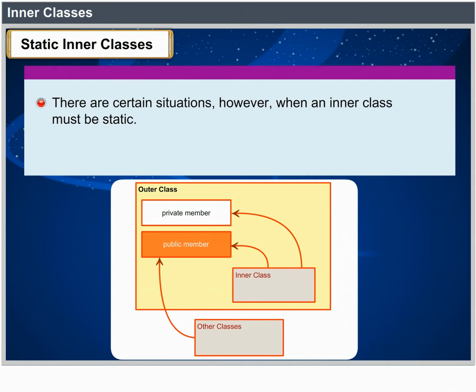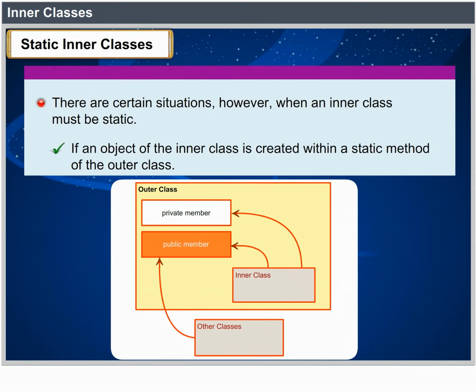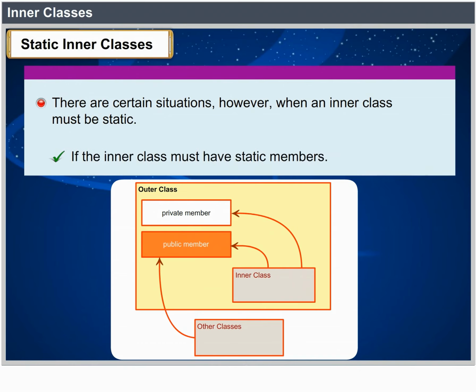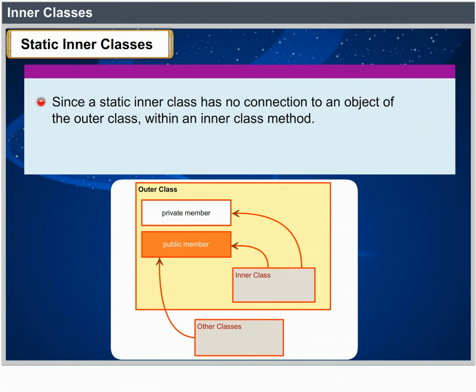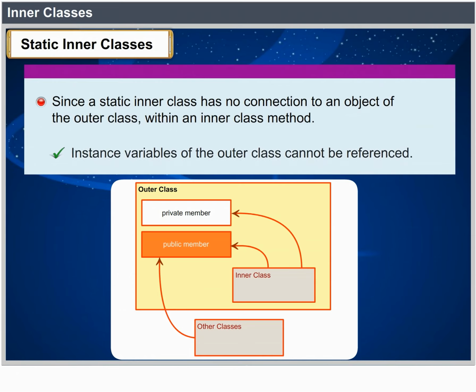There are certain situations, however, where an inner class must be static. If an object of the inner class is created within a static method of the outer class. If the inner class must have static members. Since a static inner class has no connection to an object of the outer class, within an inner class method, instance variables of the outer class cannot be referenced.